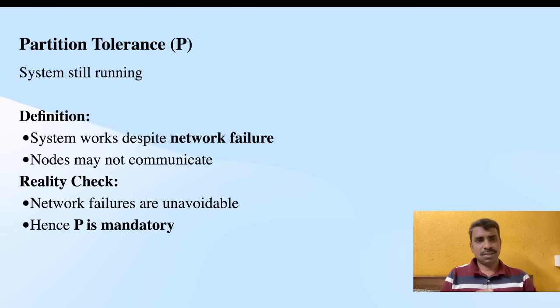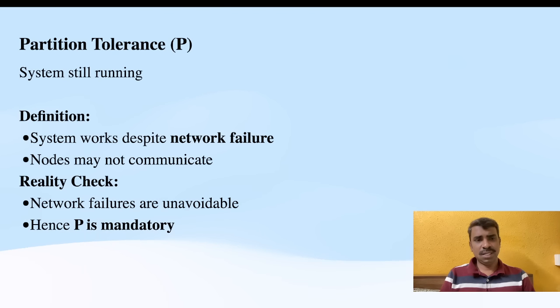Partition tolerance is the next in CAP. The system is still running, meaning the system works despite network failure, and nodes may not communicate. So node A to B communication may not be happening, but the system will be running. If one node fails, it doesn't mean the entire system is down. One or two nodes can go down, or communication between one node and another may not be happening.